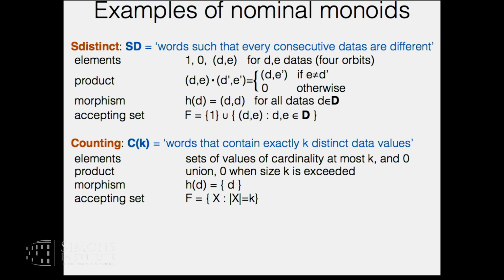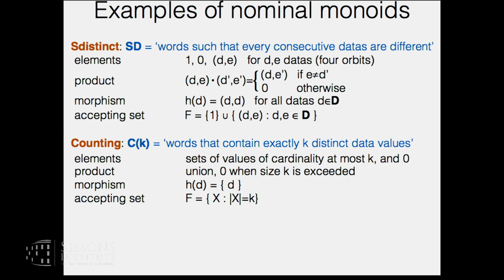Another nice example is the following one. You give me a non-negative integer k, and you are just verifying that your word contains exactly k distinct data values. And then the nominal monoid is as follows. You have an absorbing element. As soon as you have found more than k values, you go to this element. Otherwise, you construct a set of the data values that you have seen in the current word.